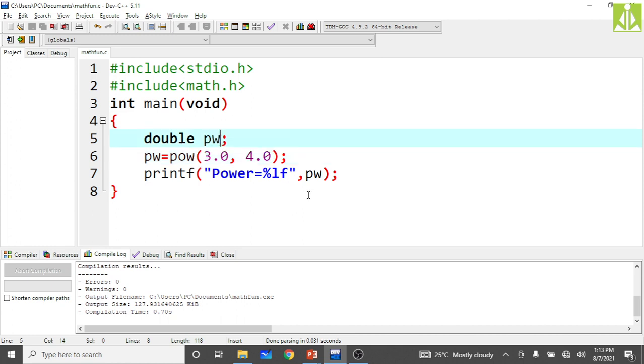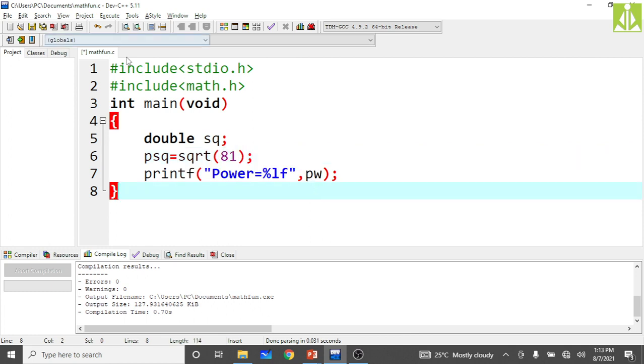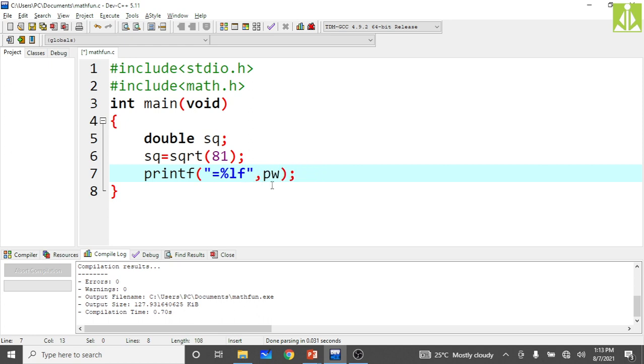Now we are calculating the square root. I will give the variable name as SQ, for square root. Here the return value is SQ, and the function name is SQRT, square root for double. If I put the square root of 81, I should get the result as 9, because the square root of 81 is 9.